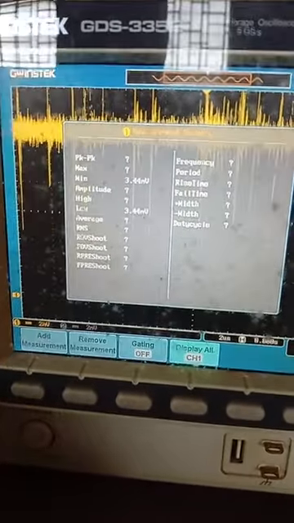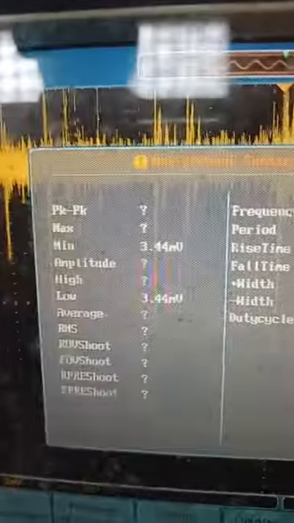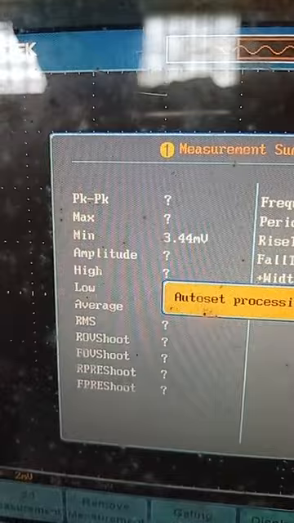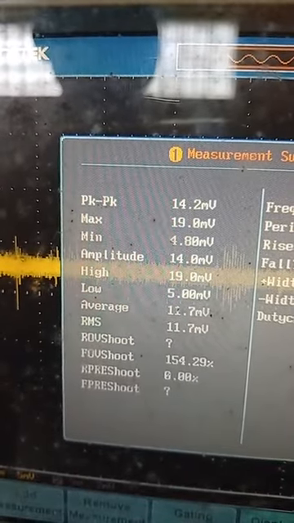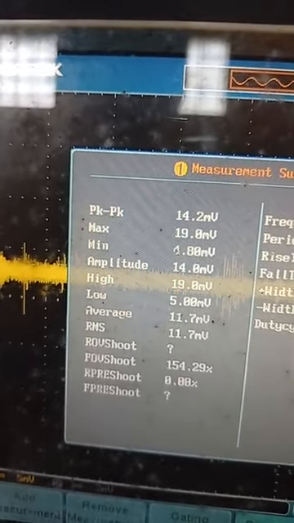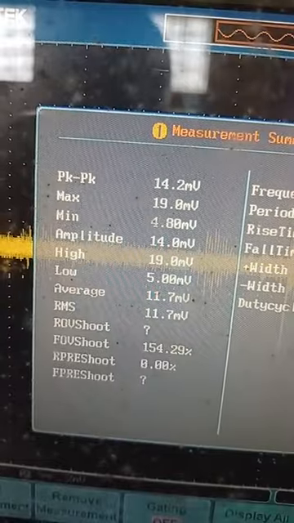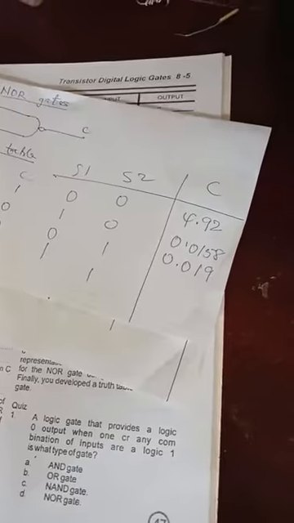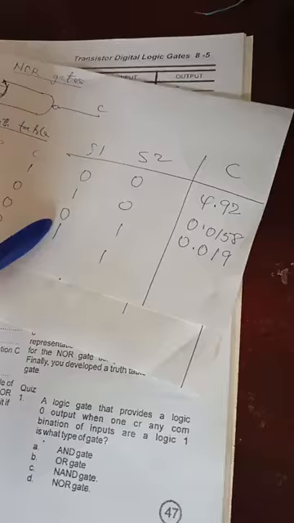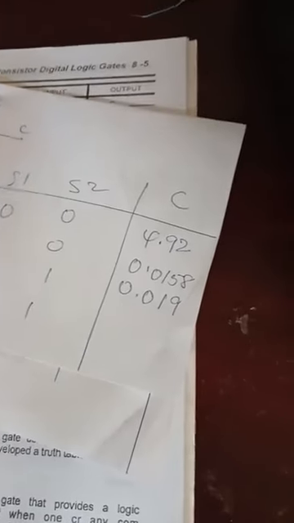The maximum is 19.0 millivolts. That's 0.019 volts. So that's what we have for switch 1 at 0 and switch 2 at 1. Okay, we've done that one.